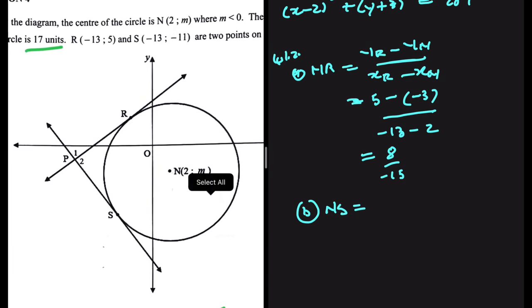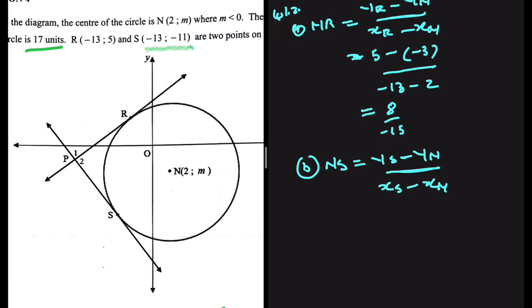NS, do we have the coordinates of S? Yes, we do. Here they are. They're given to us in our problem statement. So we're going to have y of S minus y of N divided by x of S minus x of N. What is y of S? That is minus 11 minus y of N, which is minus 3.